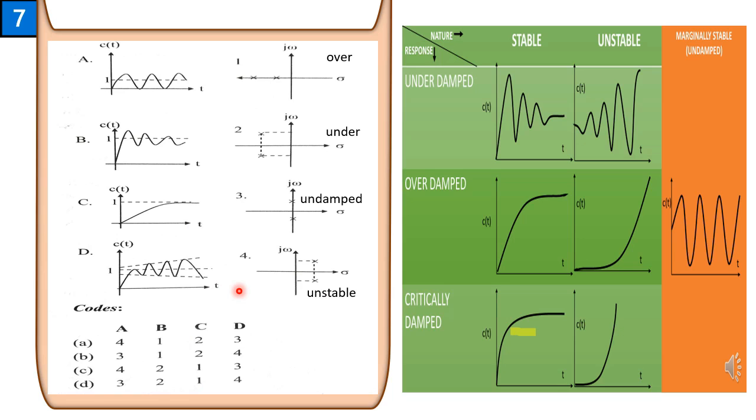As I've told you a little bit about instability, if it is never settling and going towards infinity, it will be unstable. As you can see in D, it is not settling anywhere and going towards infinity. So it will be an unstable response. So here the answer will be D.